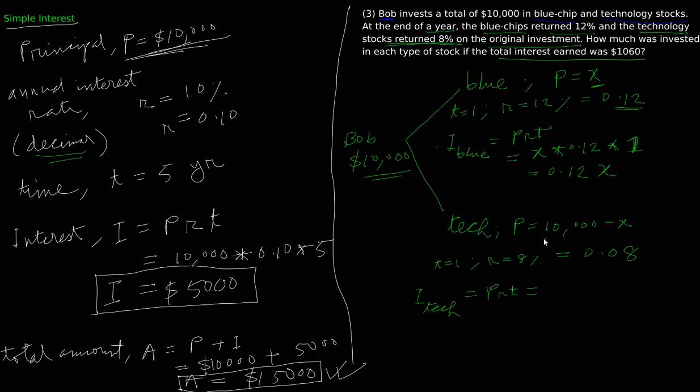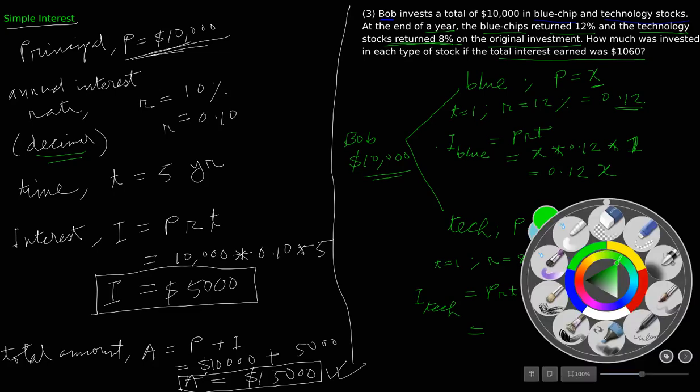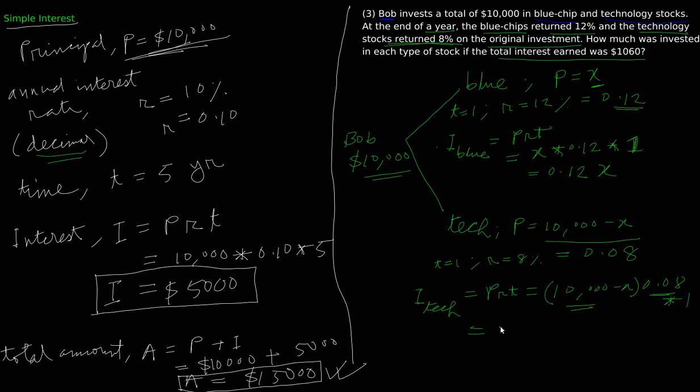P is 10,000 minus X, R is 0.08, and T is 1. 10,000 multiplied by 0.08 is 800, so it will be 800 minus 0.08x.